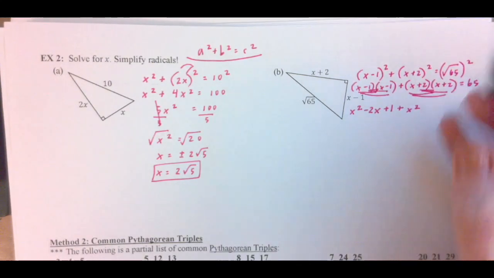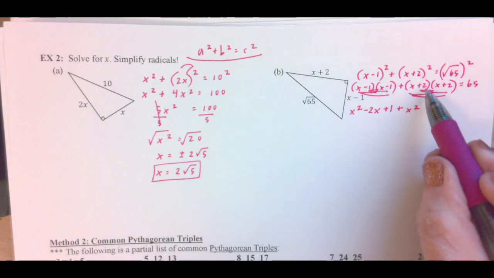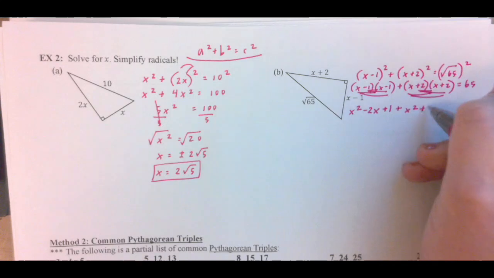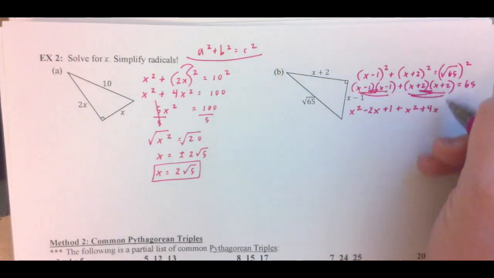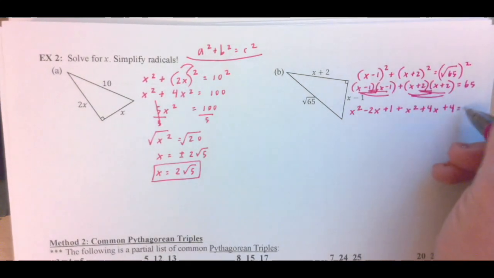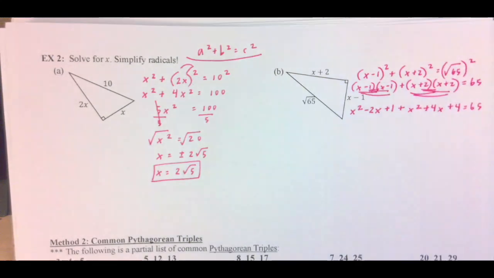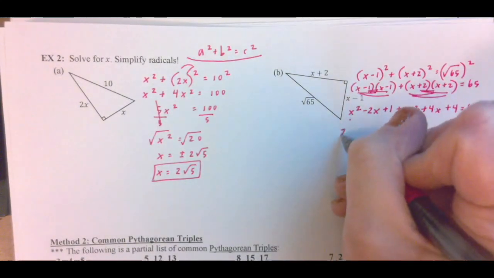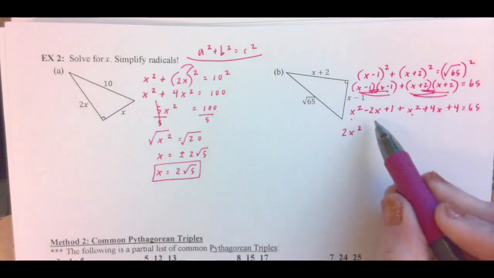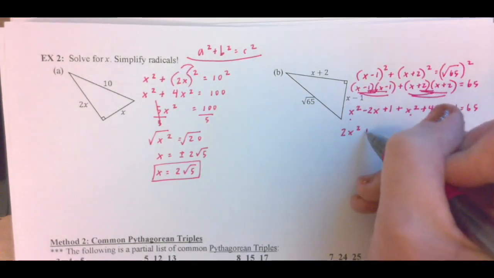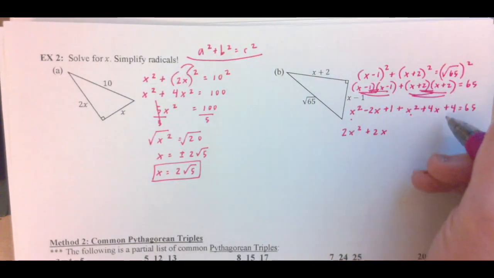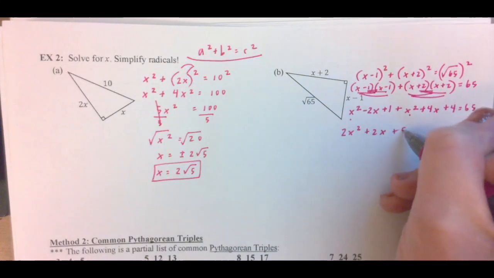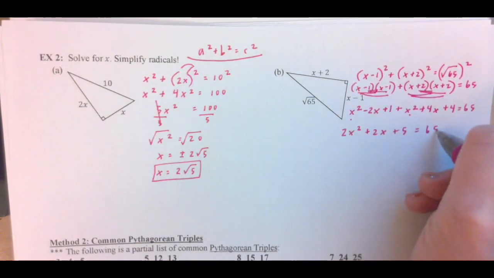So x squared plus 2x plus 2x, so plus 4x plus 4 equals 65. Okay, combine your like terms. So I have these quadratics, 2x squared. My linear terms, I have plus 2x. My constants, I have plus 5 equals 65.